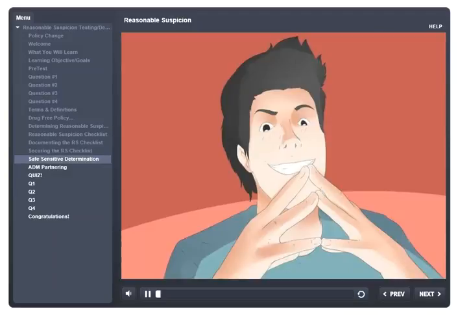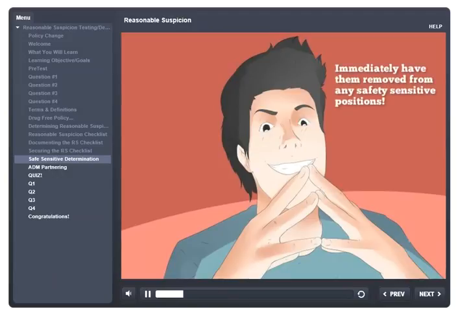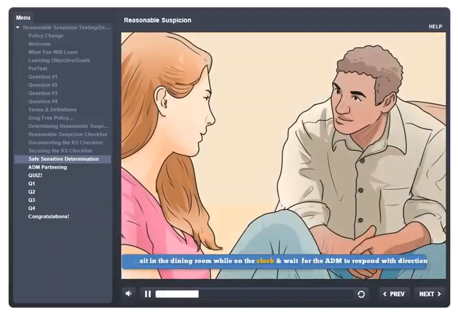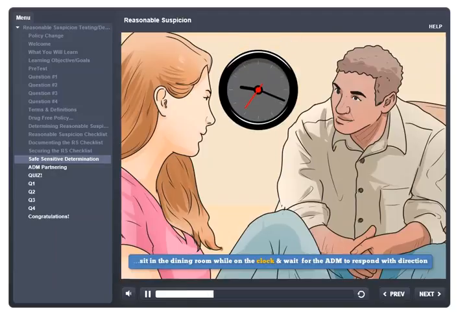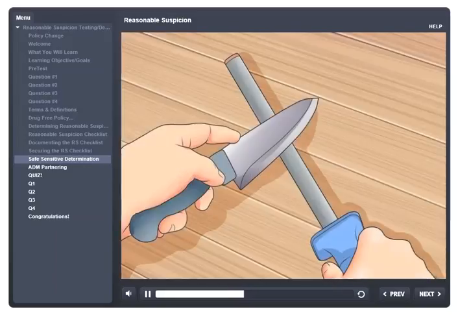If a team member appears to be a danger to themselves or others, you should immediately remove them from any safety-sensitive positions and have them sit in the dining room while on the clock and wait for the ADM to respond with direction. Some examples of team members that appear to be a danger to themselves or others are: they shouldn't be around equipment or knives due to the fact that they may accidentally hurt themselves or others.